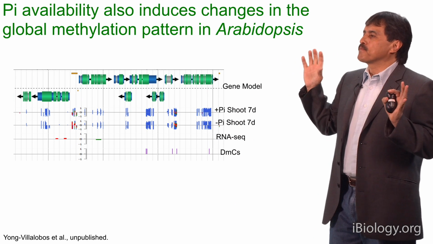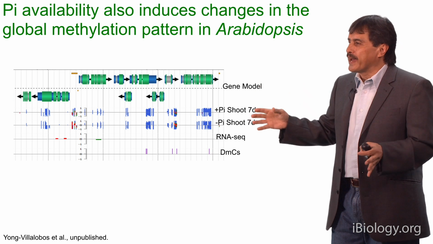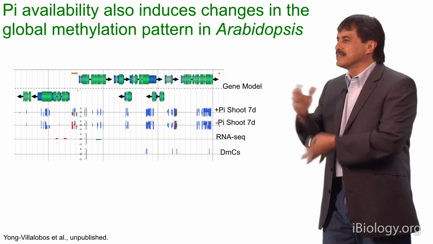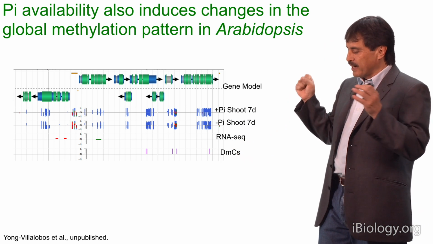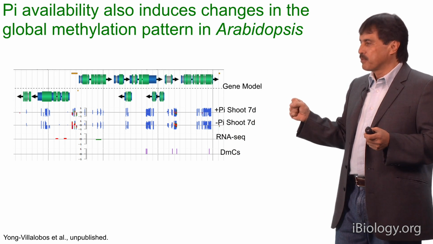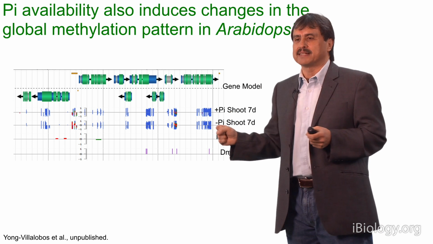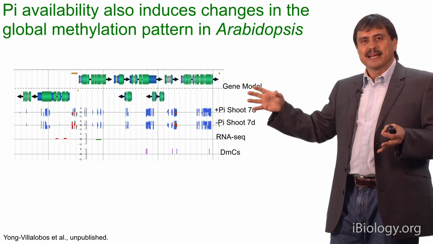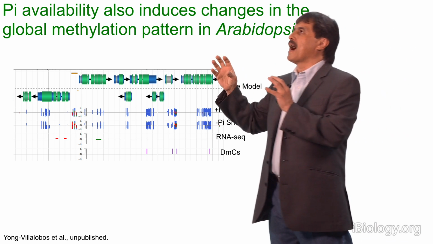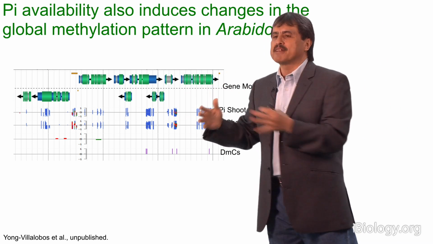And finally, phosphate is not only altering metabolic pathways, the biochemistry, and the cell biology of the plant, but it probably also causes important changes in the epigenome. The epigenome is the changes that allow the genome to alter its function without having mutations.